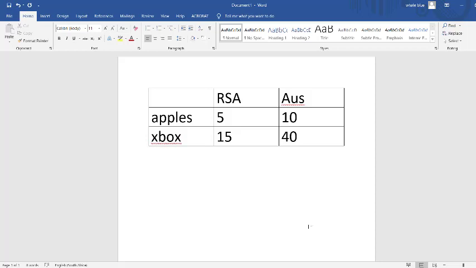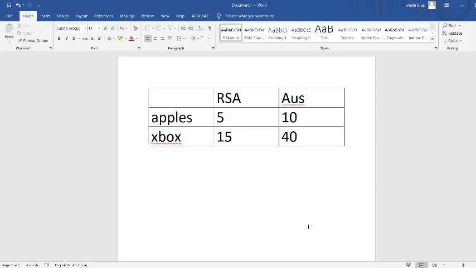Here's an example that asks you in terms of Adam Smith, or what we know as absolute advantage: who has absolute advantage, who is the best at producing apples or an Xbox, between South Africa, which is RSA, and AUS, which is Australia?